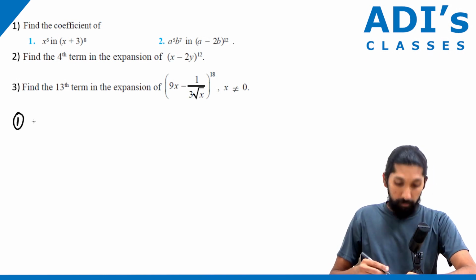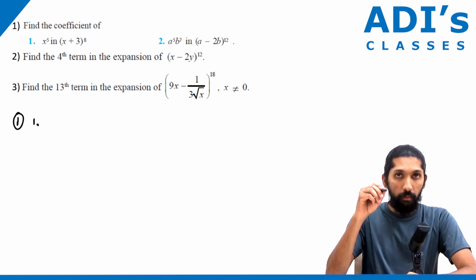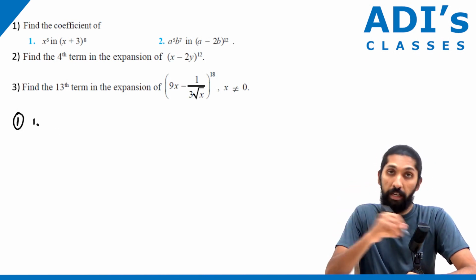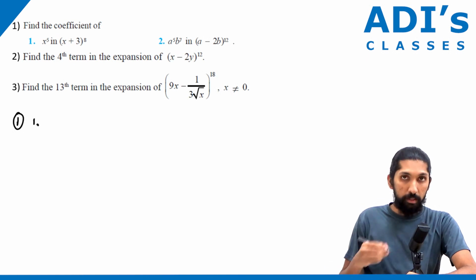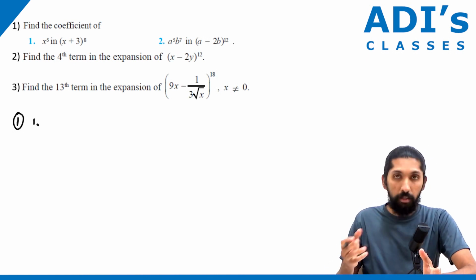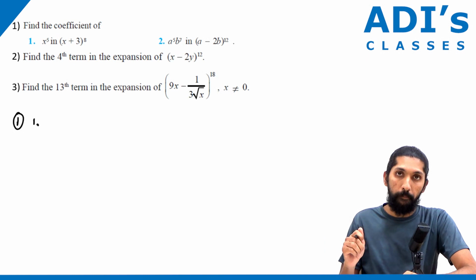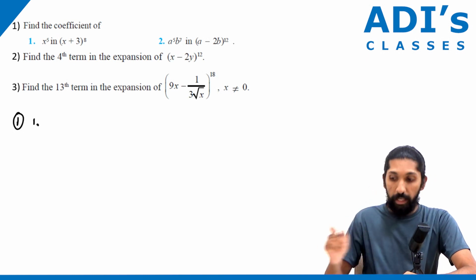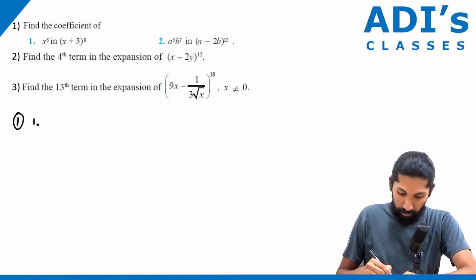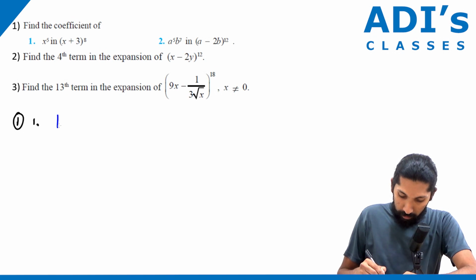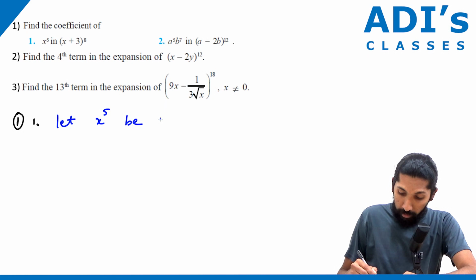So in the first one, what you have is (x + 3) whole to the power of 8, correct? Obviously you are going to have x to the power of 5. So what we'll do is we'll let x to the power of 5 be the r plus 1th term.